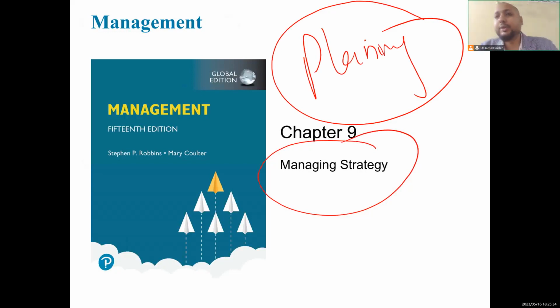We talked about goals, dividing the goals. We talked about MBOs, management by objectives, and other stuff. Okay, short-term goals, long-term goals, medium-term goals. And now let's expand the content, the continuum of planning, managing strategy.